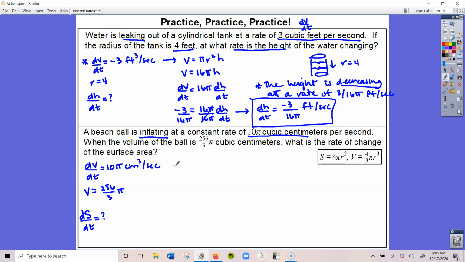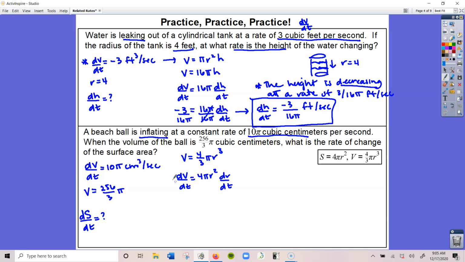So we're going to start with volume. Volume is equal to 4/3 pi r cubed. Now, when I find the derivative, this would be dV/dt is equal to 4 pi r squared dr/dt. Now there's a problem, right?